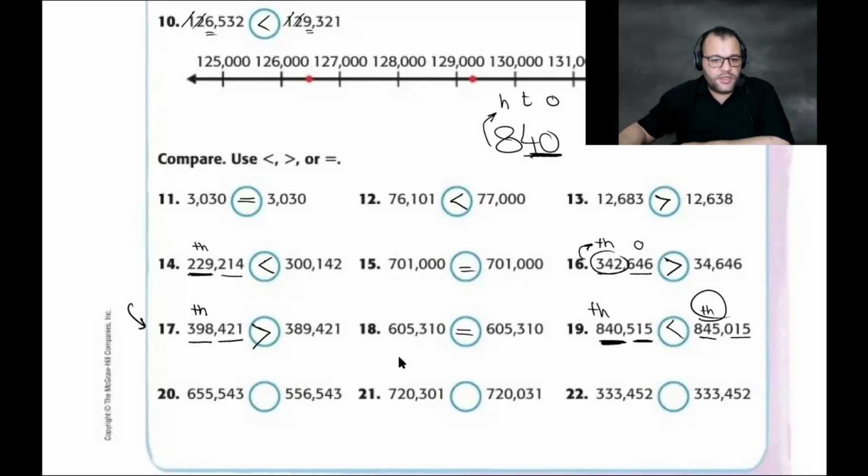Okay, thanks. So we need Abdullah to solve the next one. Abdullah? Yes. Okay, question number 20. What is the answer for this one? 655,543. Is it greater than, less than, or equal?